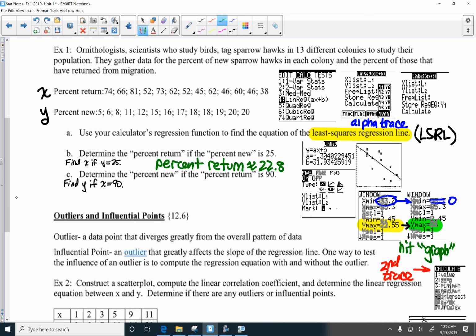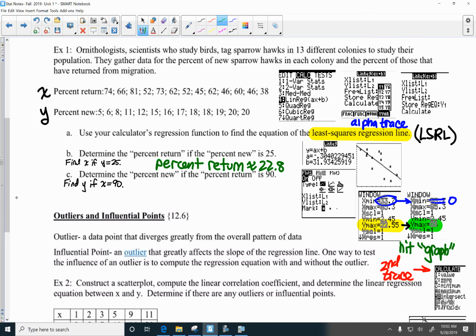Once you hit calculate, it's already stored, and when you create the graph the line will come up. Then store regression equation: alpha trace, then Y1, enter, calculate, enter. Then it goes to y equals ax plus b, then a, b.